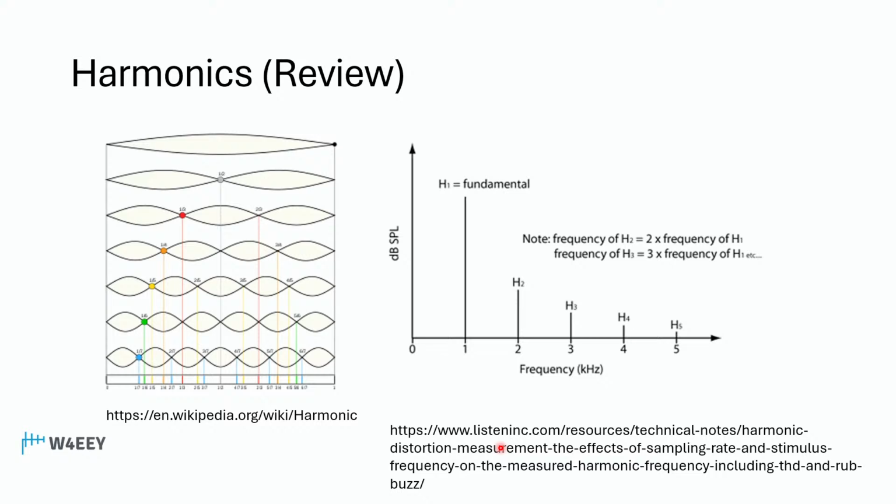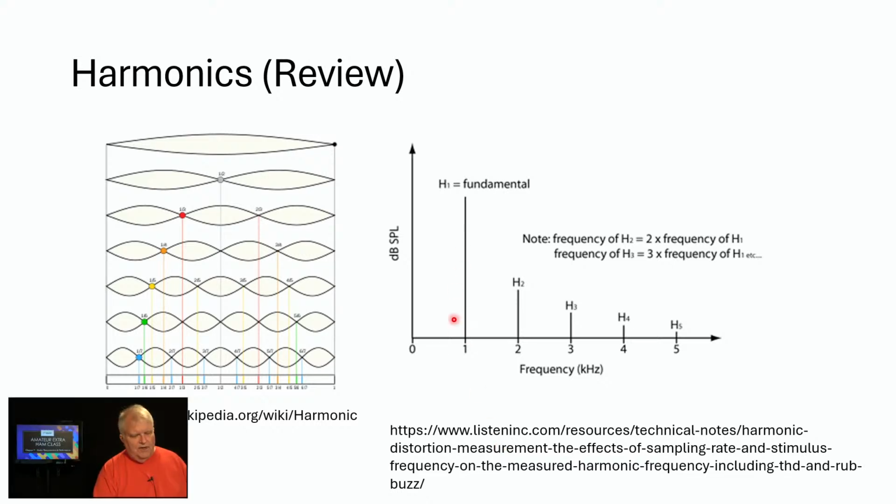All right, let's talk about some harmonics for a second. We have the fundamental frequency, and then the second harmonic, the third harmonic, the fourth harmonic. So if this is 1 megahertz, then this is going to be 2 megahertz, and this is going to be 3, and this is going to be 4, and this is going to be 5. Those are harmonics.